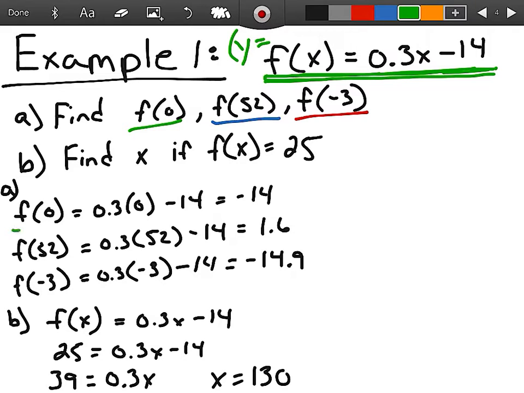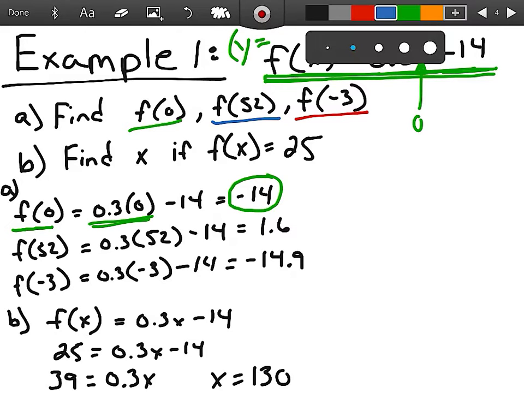So here is f of 0. At this point x, I'm going to put in a 0. So this is what it looks like right here. 0.3 times 0 minus your 14 gives you negative 14. So f of 0 is equal to negative 14.